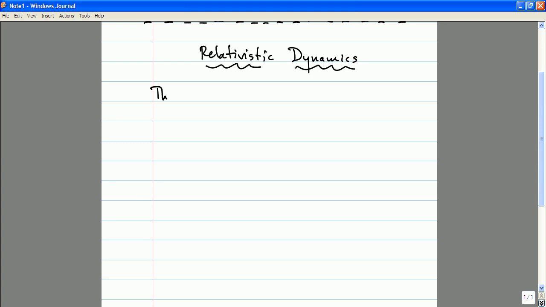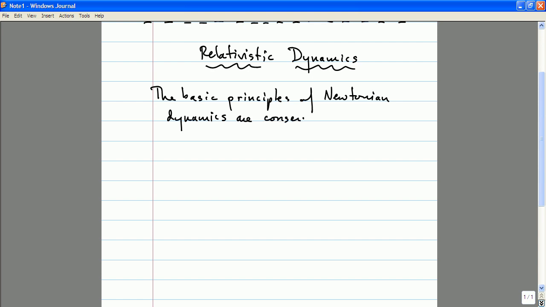I think it's safe to say that one of, if not the most basic principle of Newtonian dynamics, perhaps even more fundamental than the force law F equals ma, concerns the conservation of energy, which in Newtonian physics is 1/2 mass times velocity squared, and momentum, which is mass times velocity.